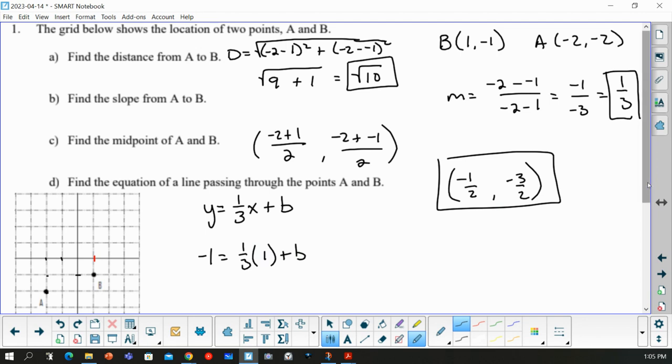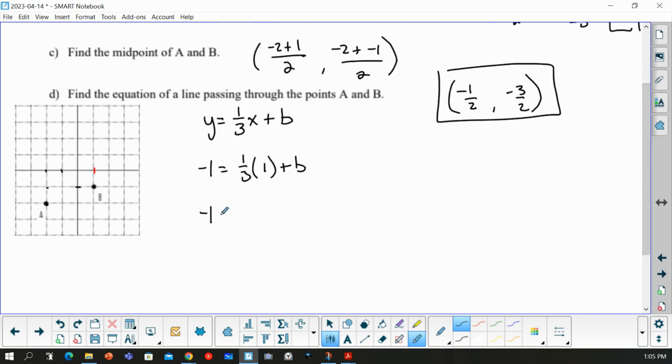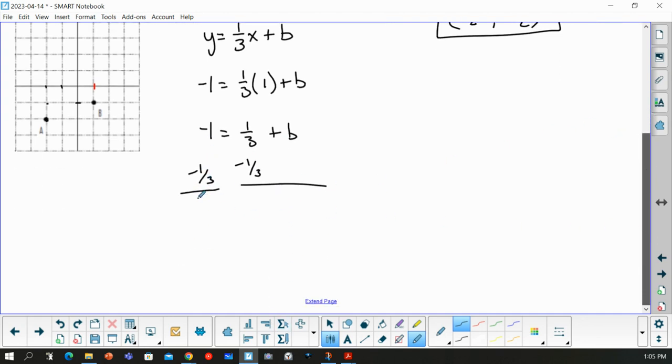1/3 times 1 is 1/3. Subtract 1/3 from both sides. And -1 minus 1/3 would be like, well, they're both negative, so we're technically adding them together. -1 minus 1/3 would be -1 1/3, or you could say -4/3, because 3/3 plus another third is 4/3. -1 1/3 is b, so now we can write our equation.